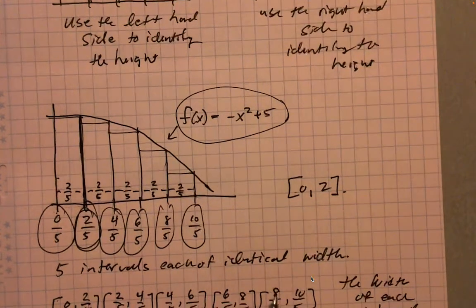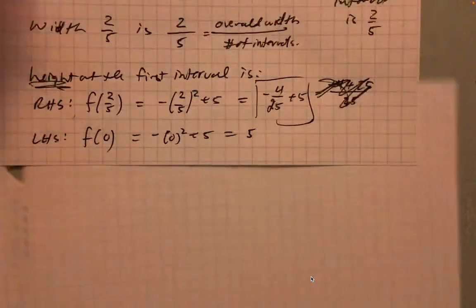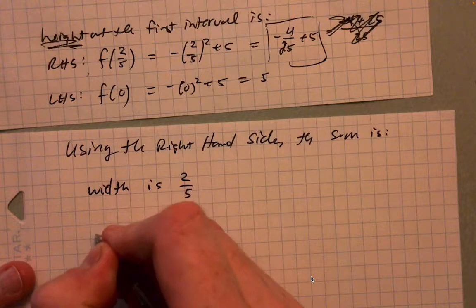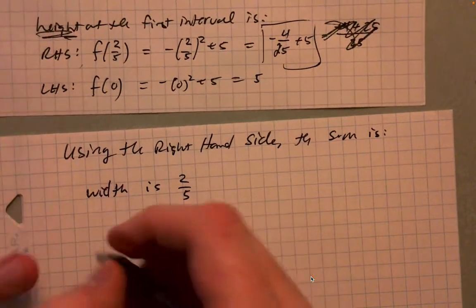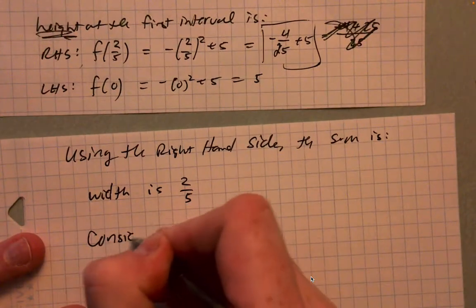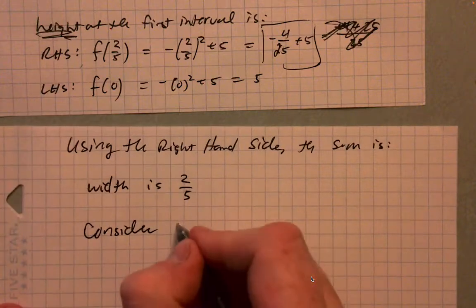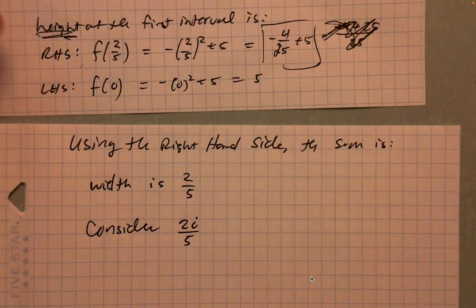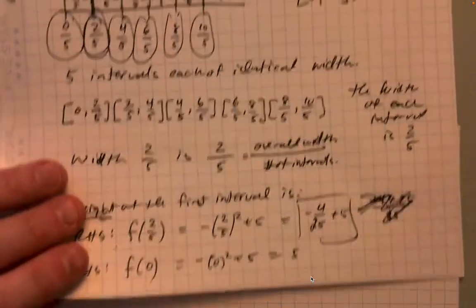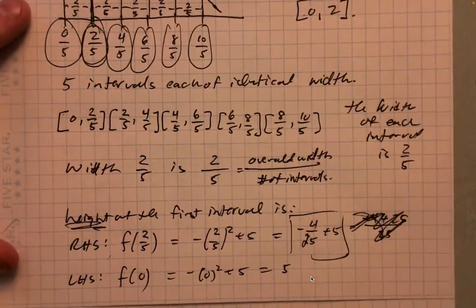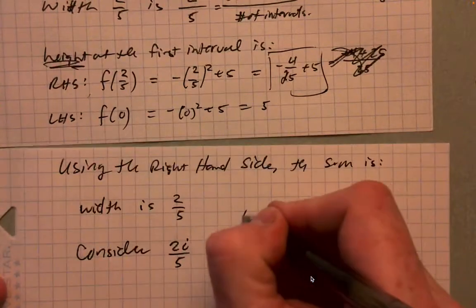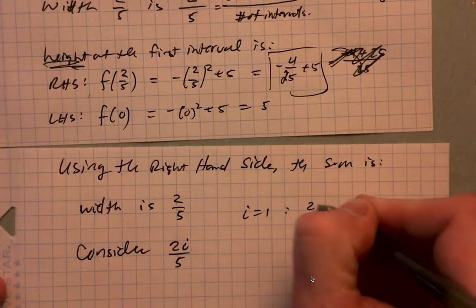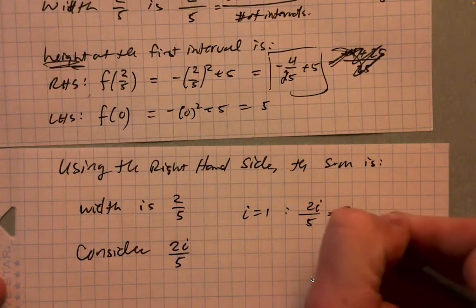Well, what if I consider 2i over 5? Now, this is always kind of a tricky part for people. If i is equal to 1, then 2i over 5 is 2/5.